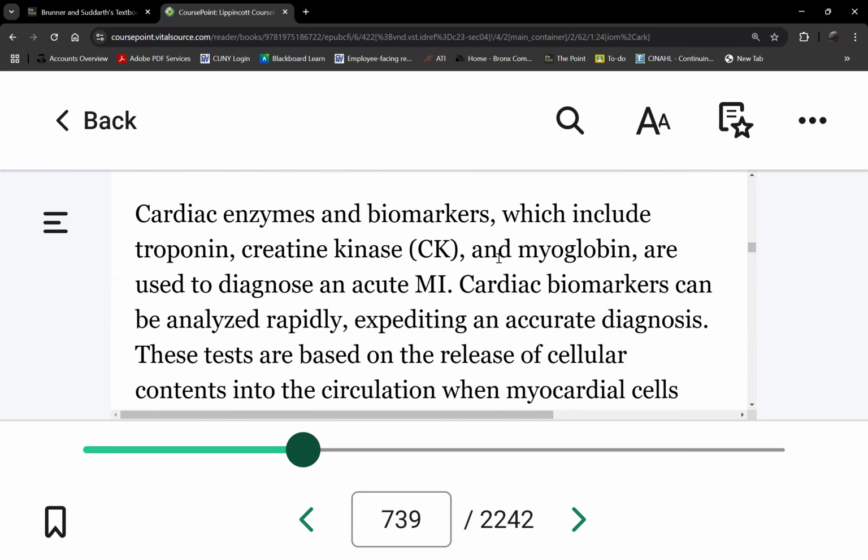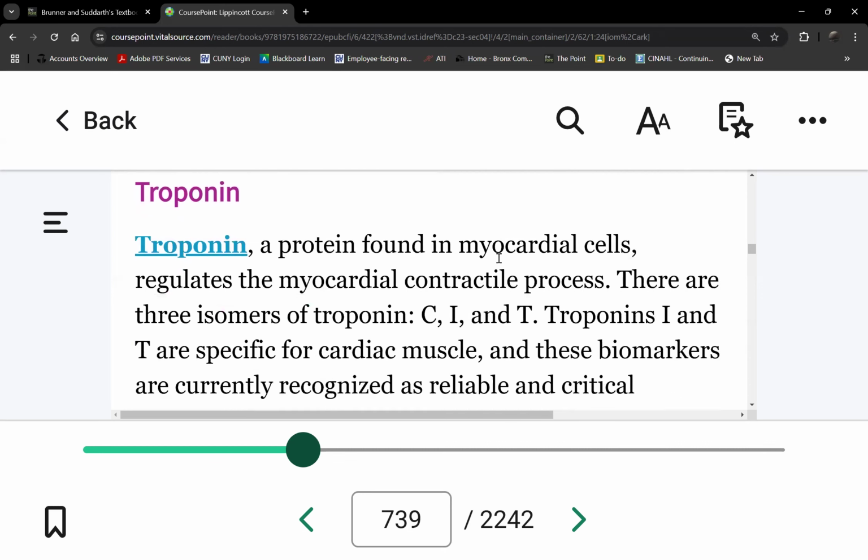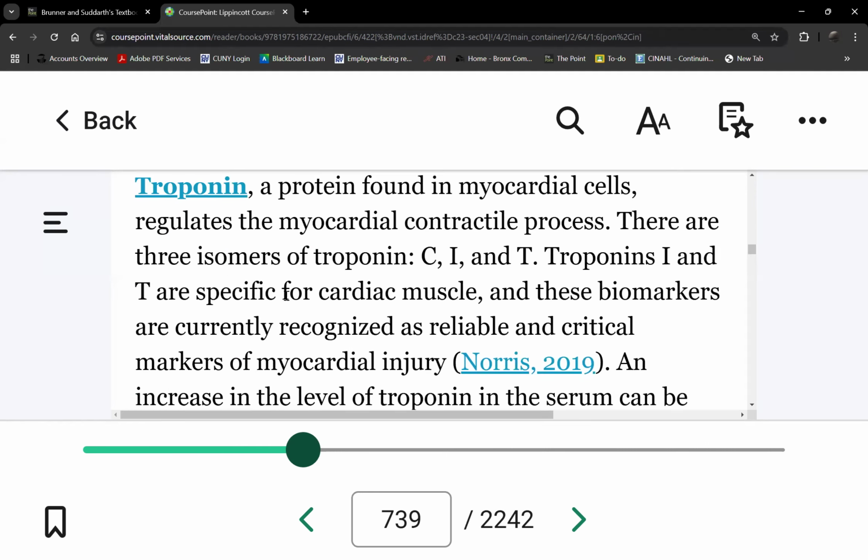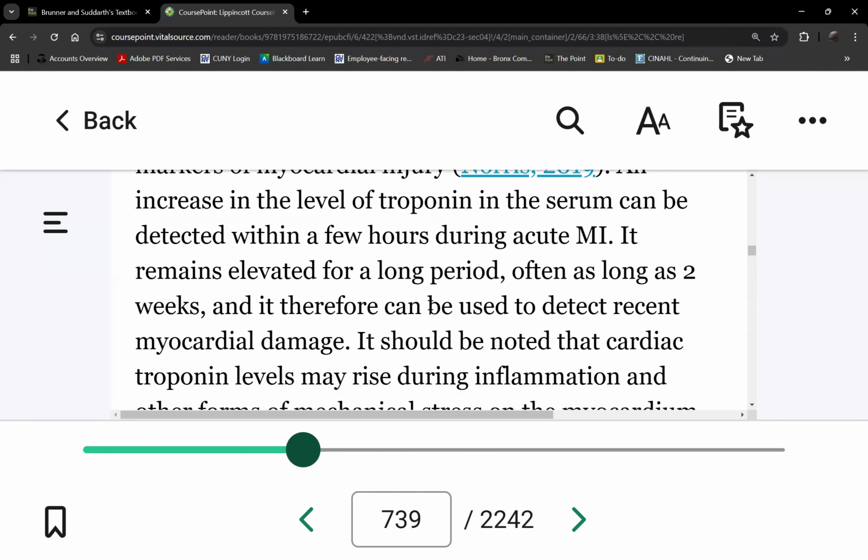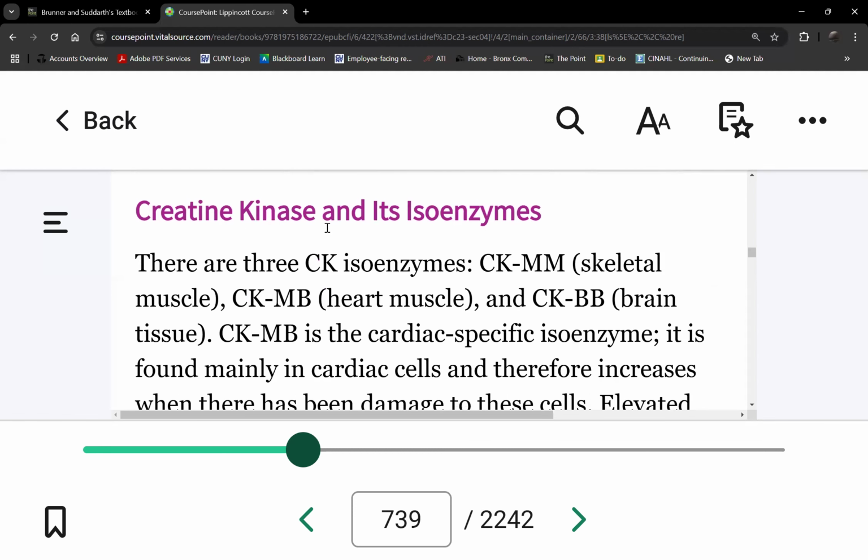Okay, we already discussed the biomarkers. Among all three, we can draw troponin C, but in practice, most hospitals just draw troponins I and T because they are the most specific to cardiac muscle. The problem with CK is that it is present in cardiac muscle, but also in skeletal muscle.